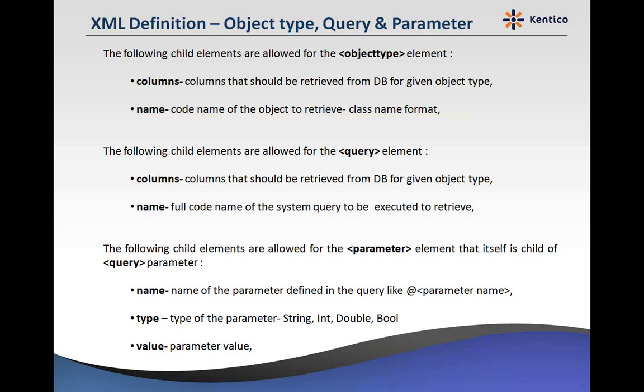The query element also allows child elements, and those are name, type, and value. The name for the parameter child element defines the name of the parameter used within the SQL query. The type defines what type of parameter it is, and for the value, you supply the value that will be replaced for the parameter in the query.